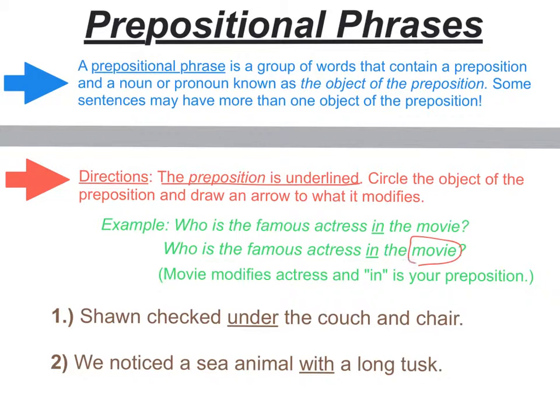Movie modifies actress, and "in" is your preposition to the prepositional phrase. The object of the preposition is movie because it is a noun. Number 1. Sean checked under the couch and chair.